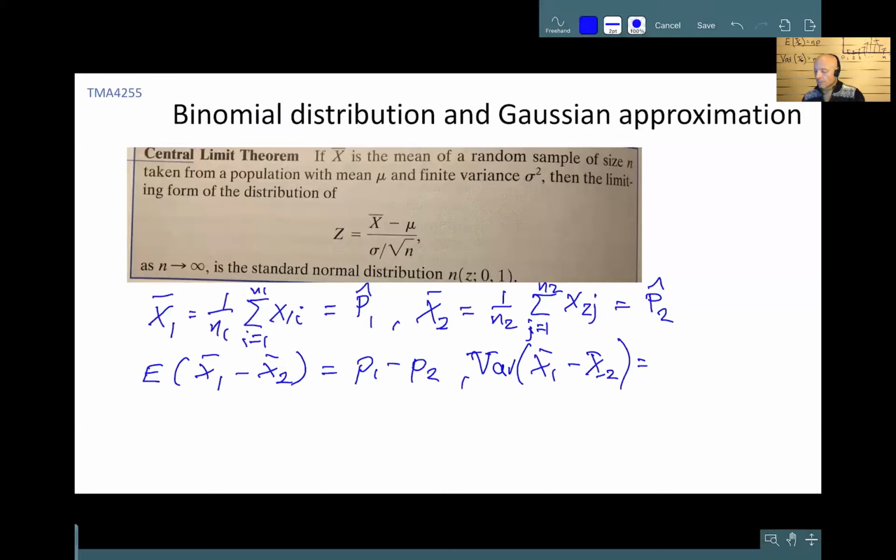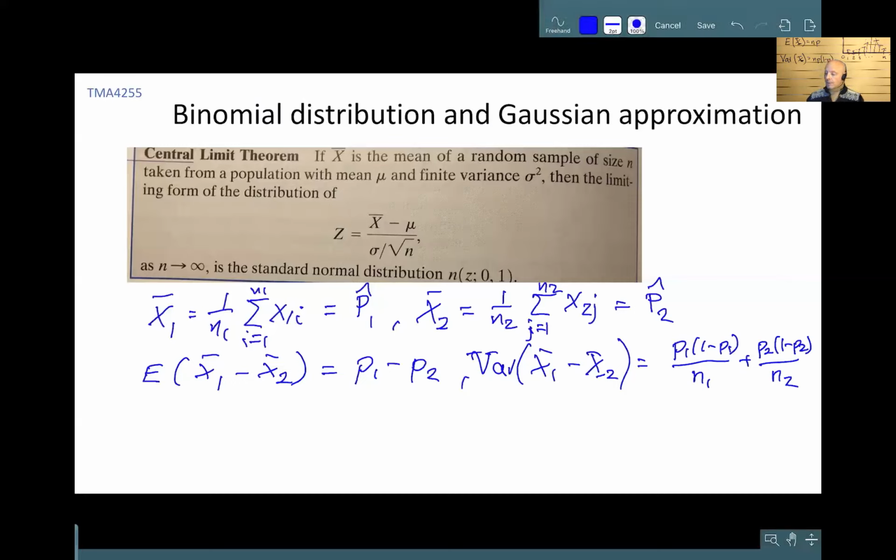This can also be computed from the binomial distribution with success and failure. And for this one, we get P1 times 1 minus P1 divided by the sample size in group 1, and then P2 times 1 minus P2 divided by the sample size here.